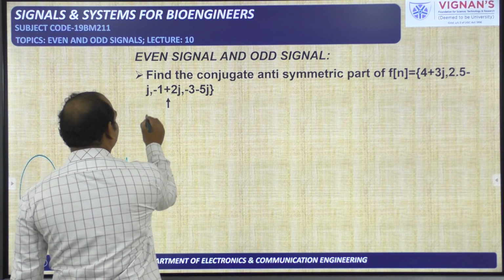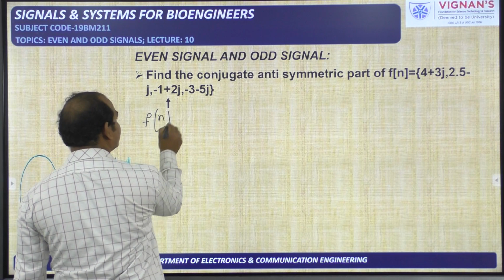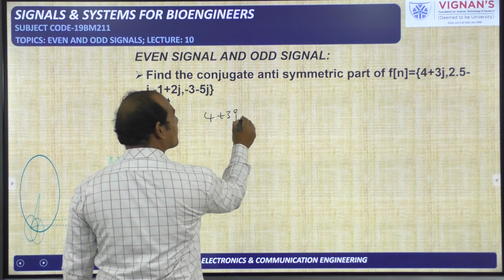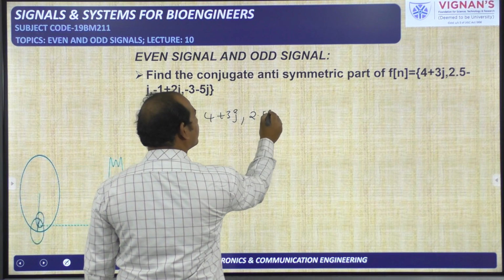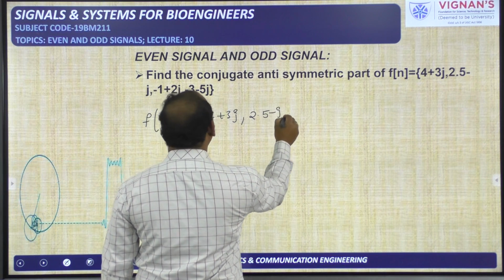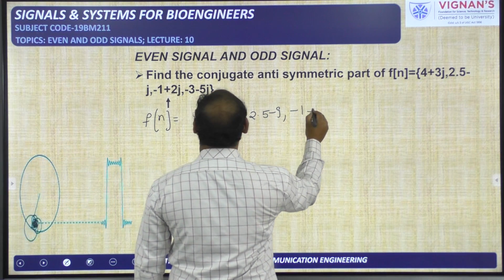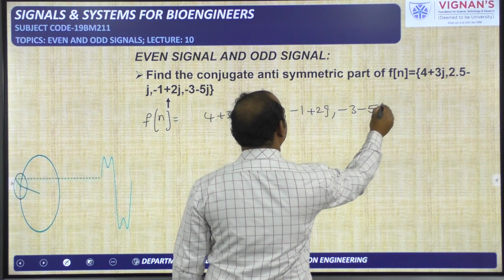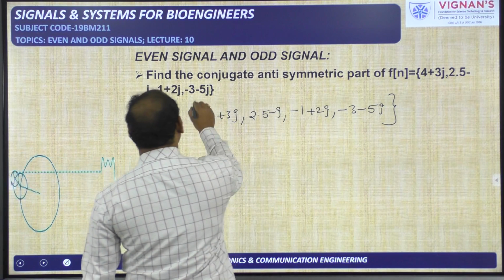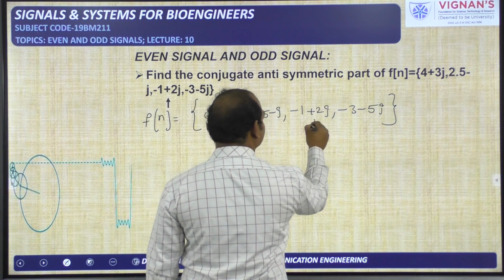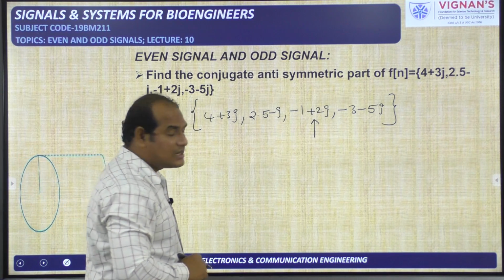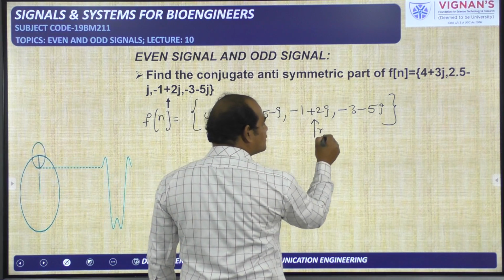So f of n is equal to 4 plus 3j, 2.5 minus j, minus 1 plus 2j, minus 3 minus 5j. This is the signal they have given. This arrow is available here means what is the meaning of that one? At this arrow the n value is 0.